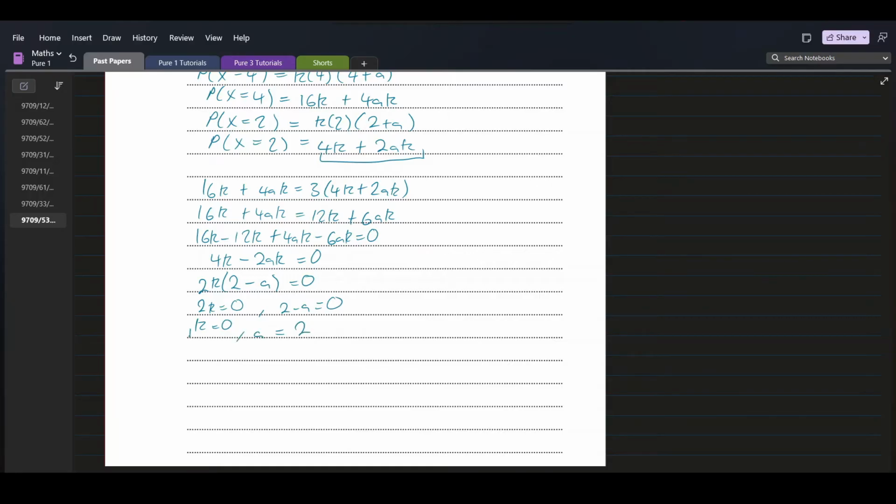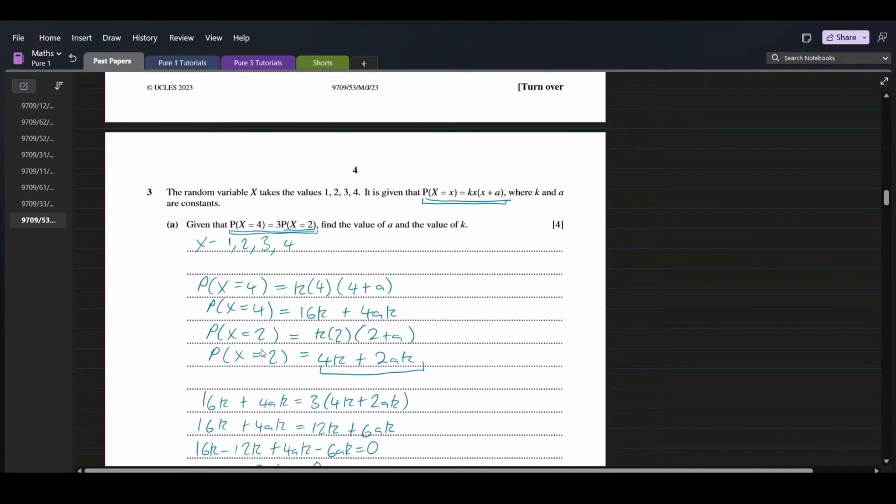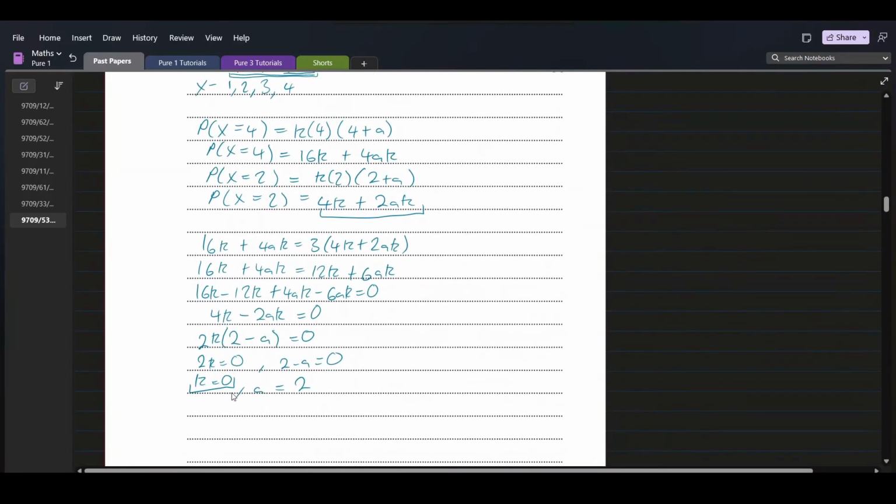We know that k cannot be equal to 0, because if k is equal to 0, then that makes this whole formula invalid, and then we won't be able to get probabilities for X is equal to 1, 2, 3, or 4. So since we know the value of a, we can then use that to get our value of k.